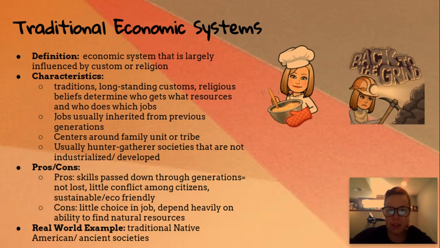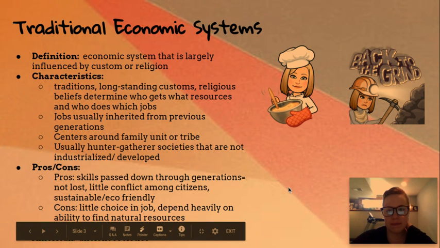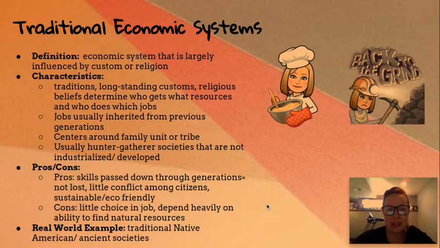So starting with traditional economic systems. And my little Bitmojis here will make sense as we go through this. Basically, it's an economic system that's largely based off of customs, traditions, hence the name, religion sometimes. Sometimes religious traditions play a big role in what these economic systems have become.